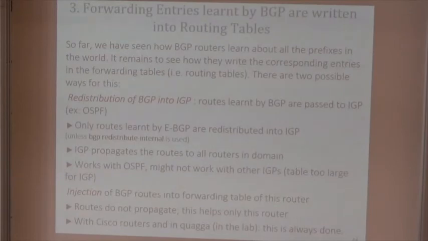We saw that area border routers in OSPF know how to route to some prefixes that are not in the area that they're talking to, but they know what's the distance, and they pass this information to everyone in OSPF as if they would be directly connected. Here's the same principle of redistribution. We'll see the details after the break.